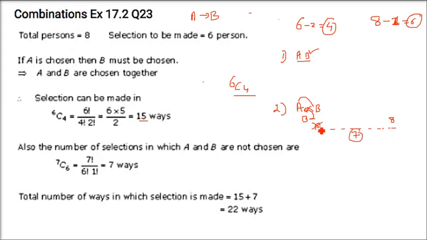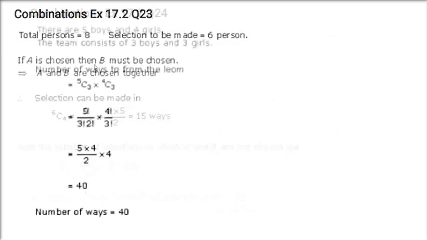In these 7 you have to select 6 people, so 7C6. These are the ways. So there are 2 cases, A selected or A not selected. Now we need to add them: 15 plus 7, principle of addition.